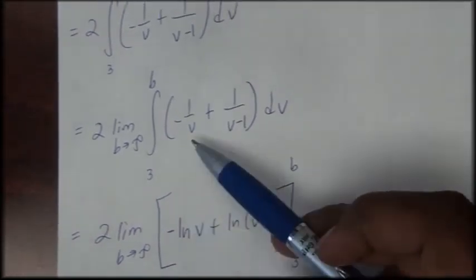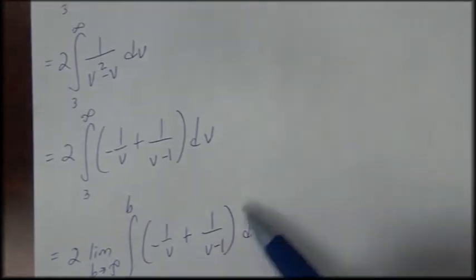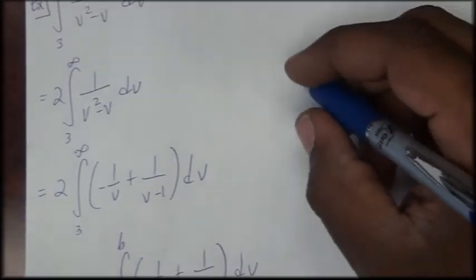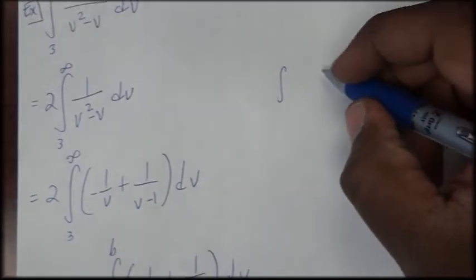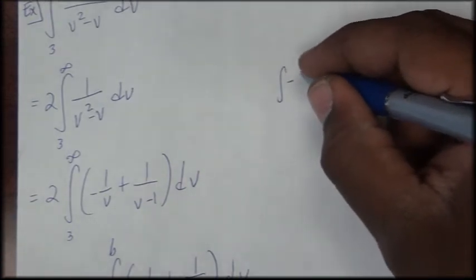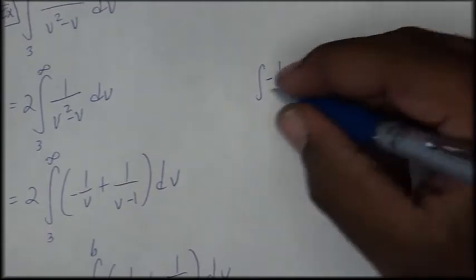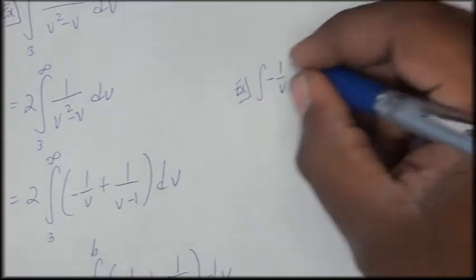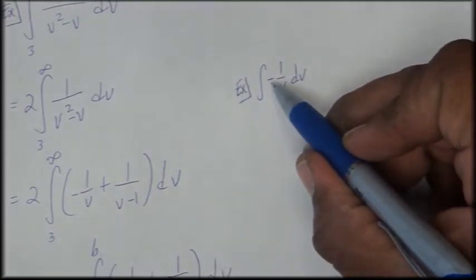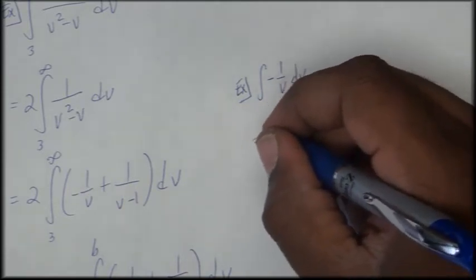Now, to show where these things are coming from, here I'll show how we can integrate negative 1 over v dv. I'm simply going to move the negative in front of the integral.